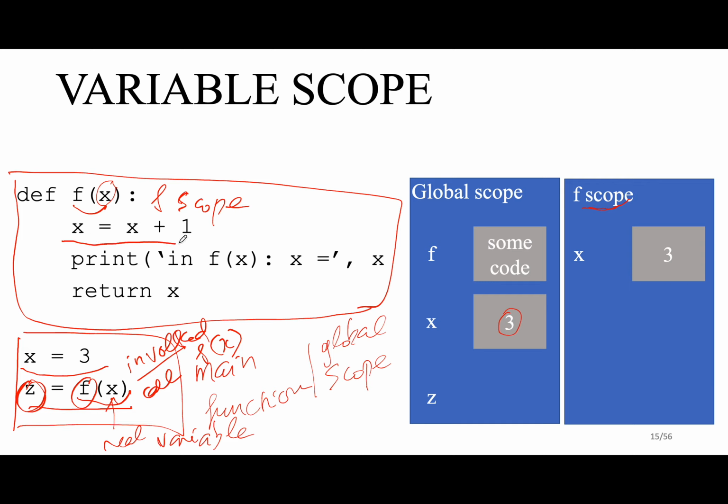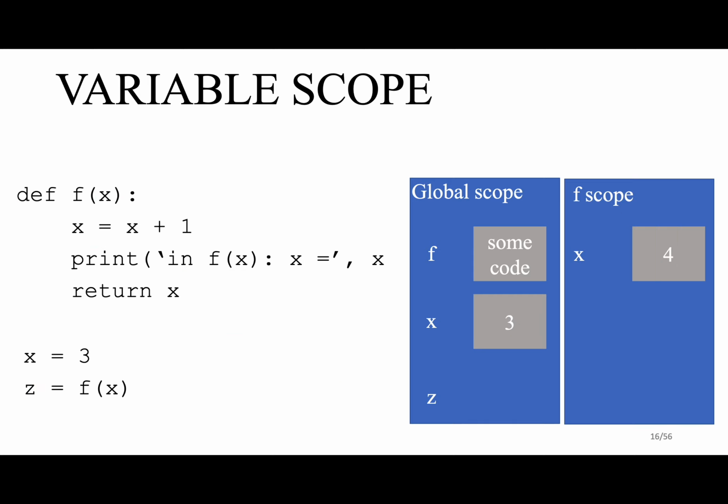After creating the real variables, it will execute the expressions inside the function body. It increases the value of h, which is 3, and the value becomes 4. After that, it will execute return.